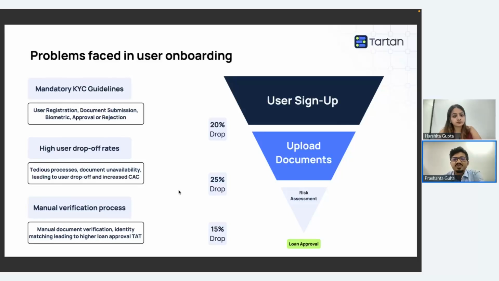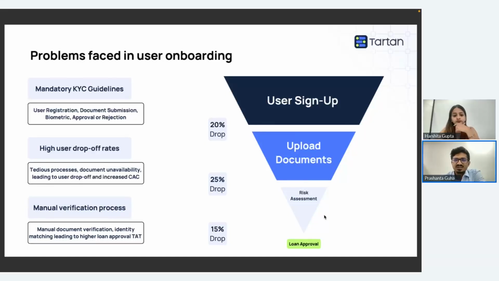Then a lot of people will drop off when you ask them to submit a lot of documents. Say you ask them to collect a number of pay slips and submit them. While collecting them, they just forget, and a lot of people will drop off there. Then there could be scenarios where they have submitted all the documents and filled all the user details, but you still take some time to review those details, and the time would be quite high if it's a manual process.